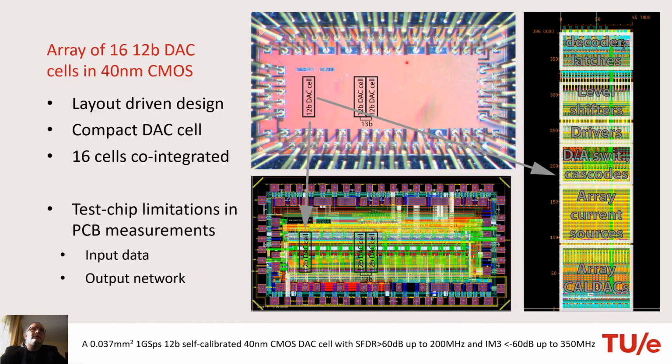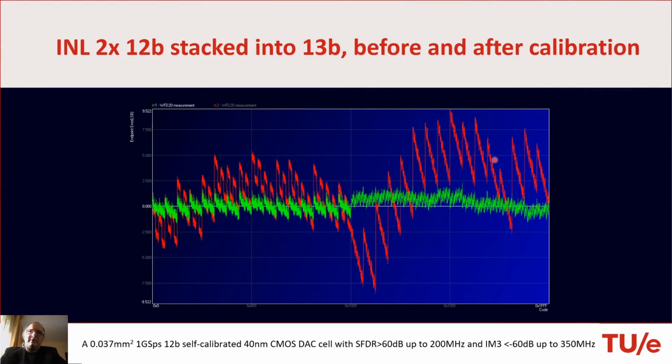In the measurements we couldn't really measure the full potential of such an array, because we are limited with the initial problems of how to get digital data for 16 D2A converters, and how to get in a more flexible way their output and combine it together depending on the application. So for our measurements, we measured a single DAC cell performance, and also as an illustration a combination of two DAC cells used together as a single 13-bit DAC. What this means is illustrated here with this INL.